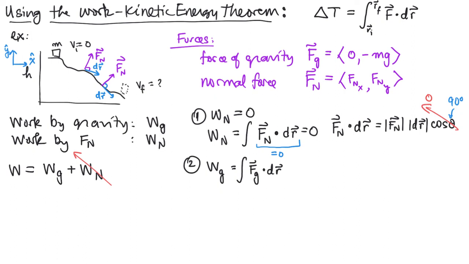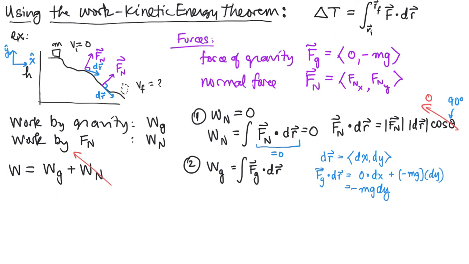If we think about the dr piece, in general, that has a displacement in the x and in the y direction, but when you dot that into Fg, you get 0 times dx plus minus mg times dy, and so that dot product gives you minus mg dy.